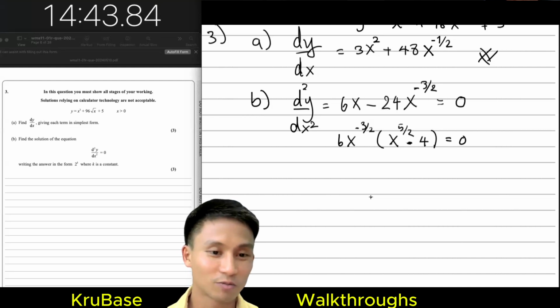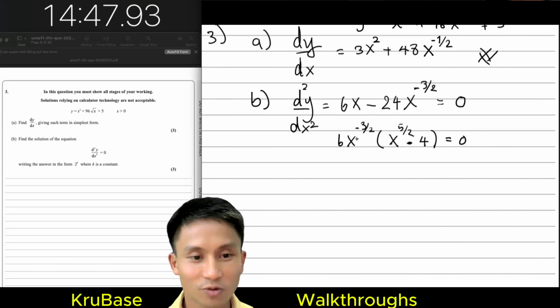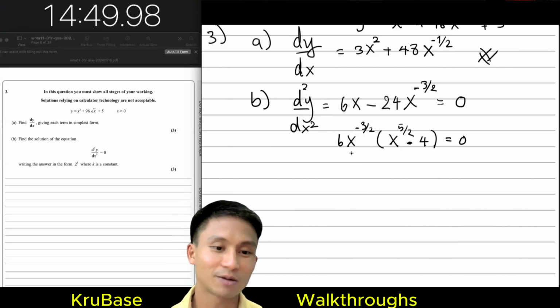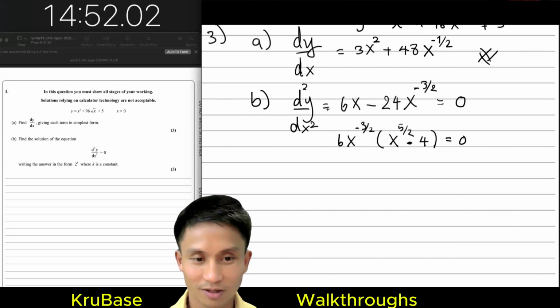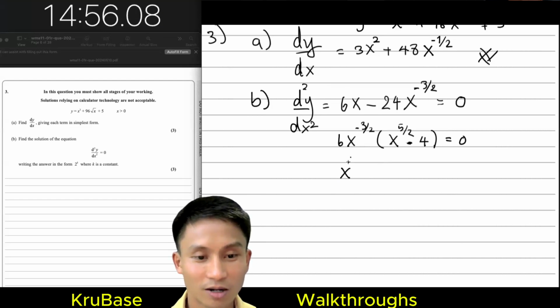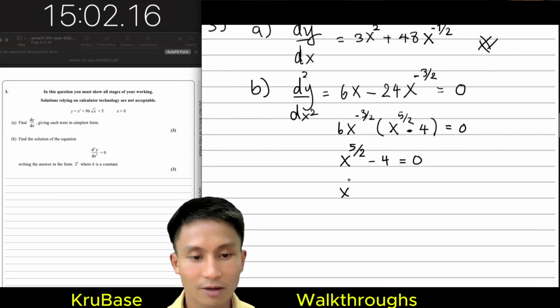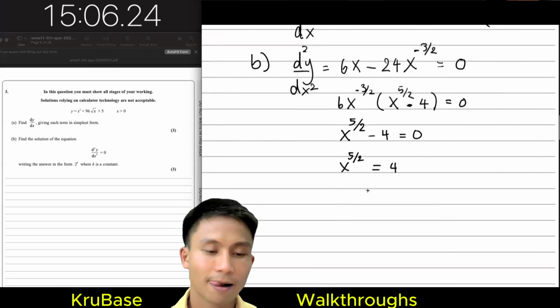So there won't be multiple answers. That means I think we can't put 0 to this because we can't divide by 0 from this term. So that's not going to be possible. That means we are only relying on this one equals 0, right? So x to the 5 over 2 equals 4.